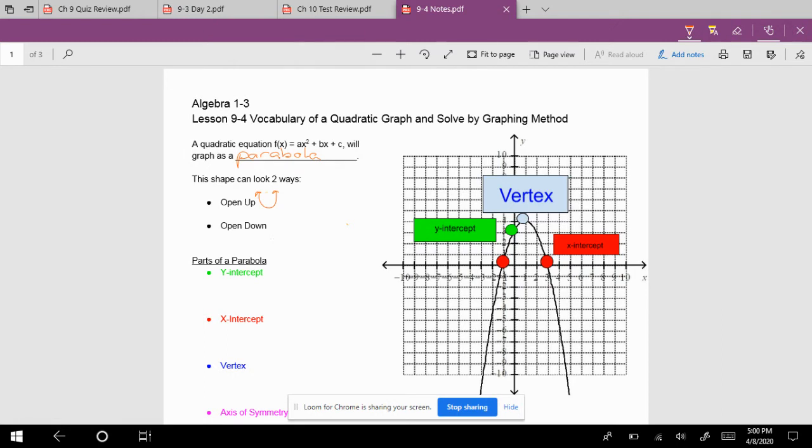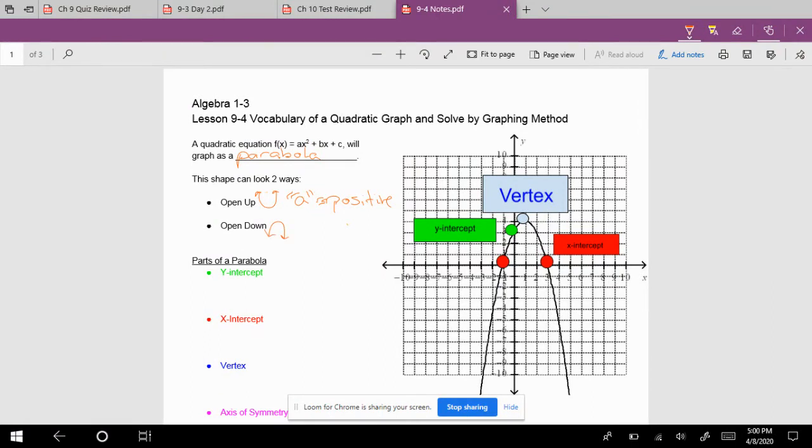That's a positive parabola. And you can also look at the equation, if you have it, and say, hey, if your A is positive, then you have a positive parabola and your graph is going to open up. The other direction is it could open down, so it looks like a frowny face.